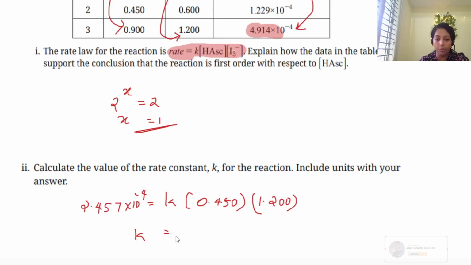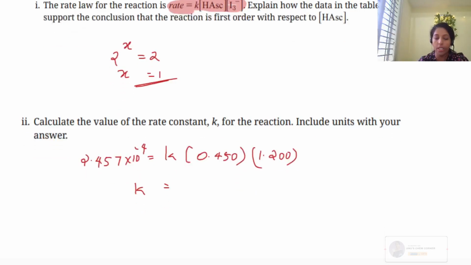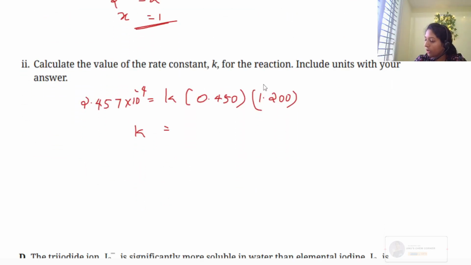So the k value will be, yes, you can just do the calculation. And what I got is 4.55 times 10 to the power of minus 4.